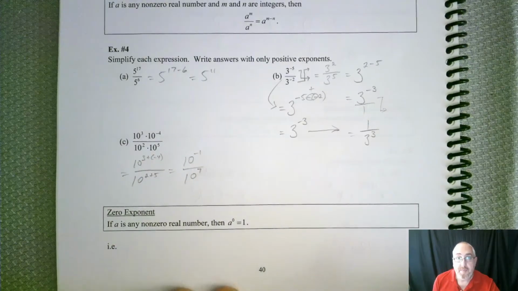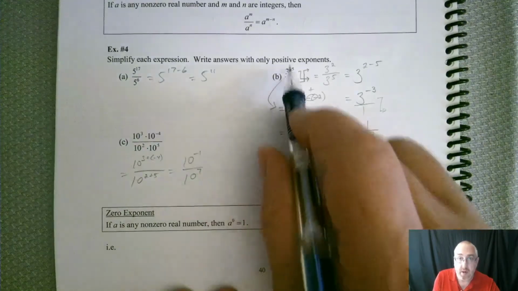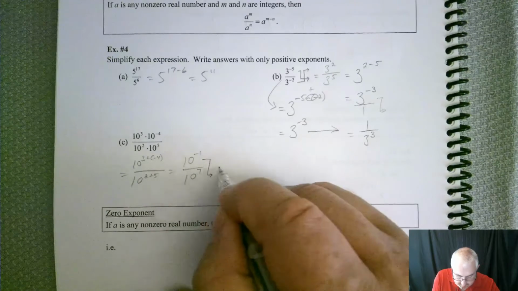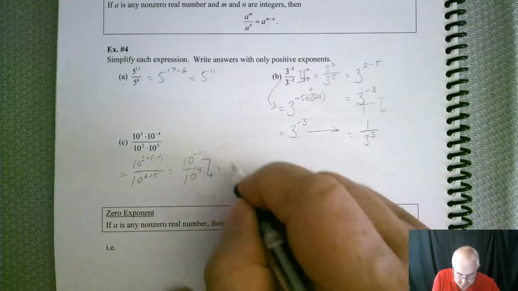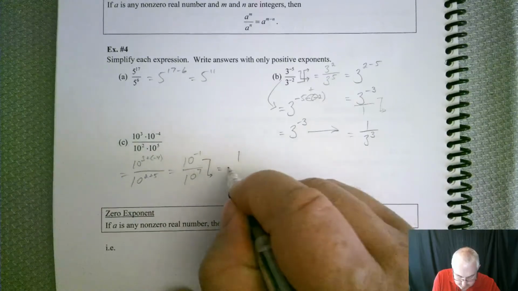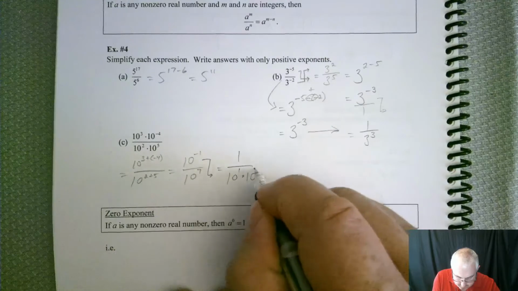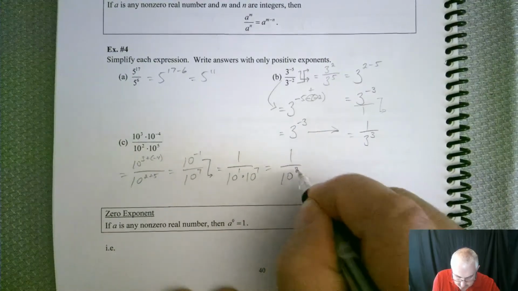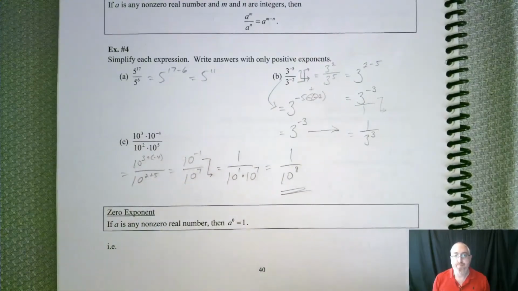Right? So now we're just going to get rid of that negative based off of the instructions. The only thing that's going to move is this, which is going to move down to the bottom. Because we're getting rid of everything on top, that's going to be left with a 1. So now you got 10 to the first times 10 to the 7th. So that's going to be 1 over 10 to the 8th. And that would be your answer.